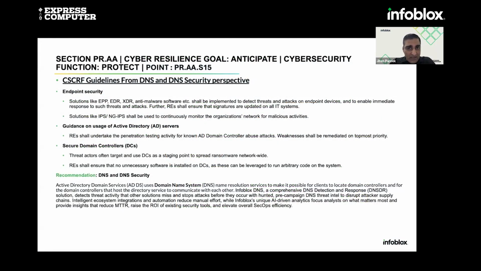In continuation with the cyber resiliency goal of anticipate and the cybersecurity function called protect, again the section PR.AA and subsection PR.AA.S15 has clearly indicated the guidelines with regard to endpoint security, guidance on the usage of Active Directory servers, as well as securing their domain controllers.